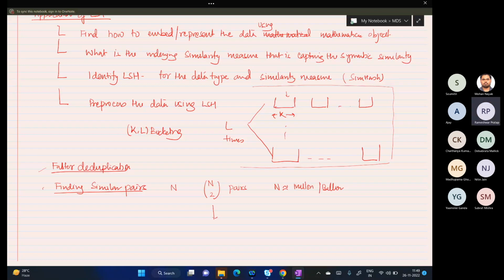Right. And in fact, LSH is used to accelerate clustering algorithms as well. Suppose when you apply k-means, we first sample some k points, and then calculate the distance of all the points with those k centers, right? So if your number of data points is very large, you need to calculate the distance of all the points with all the k centers, which could be very prohibitive and expensive when n is very large.